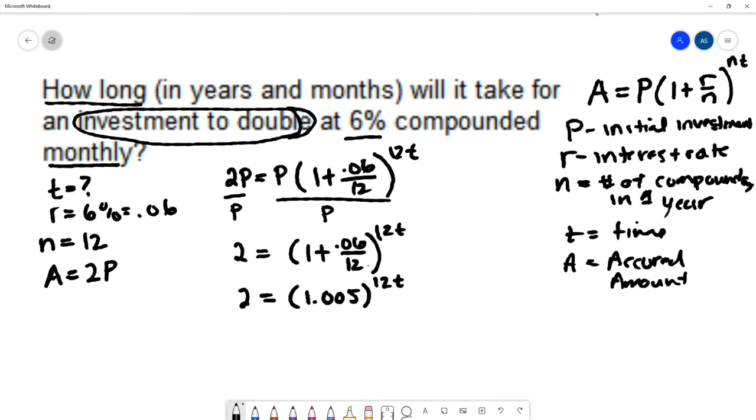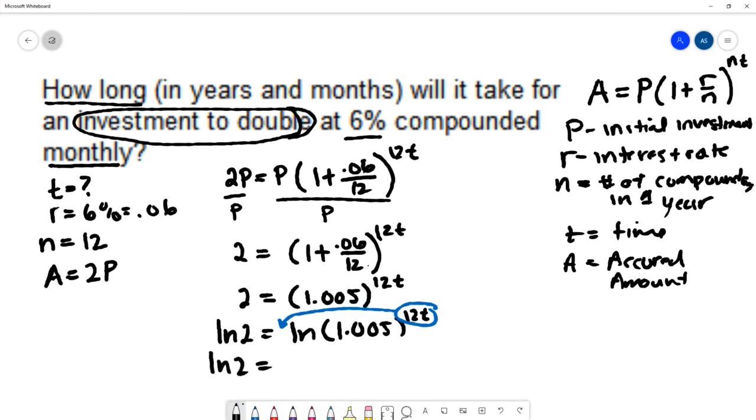Now we're going to take the natural log of both sides. We have the natural log of 1.005 to the 12T. We're going to use our power rule for logarithms to move this exponent to the coefficient of the log. That's natural log of 2 equals 12T natural log of 1.005.